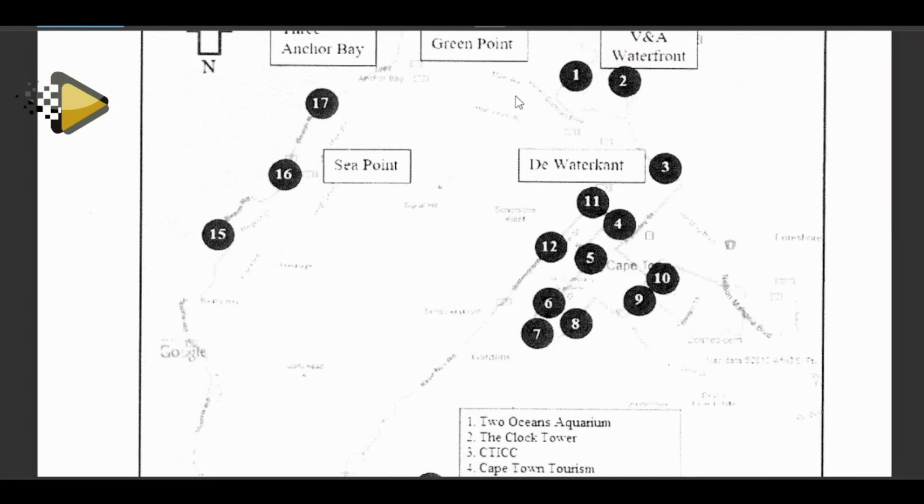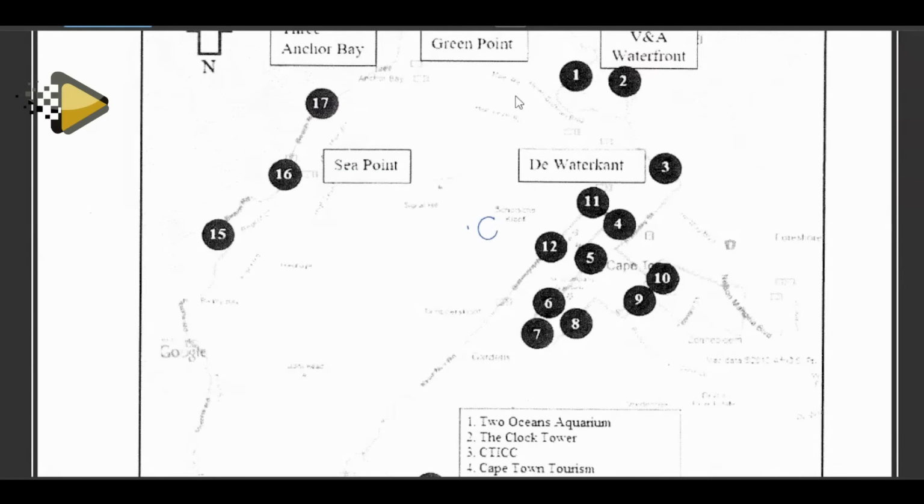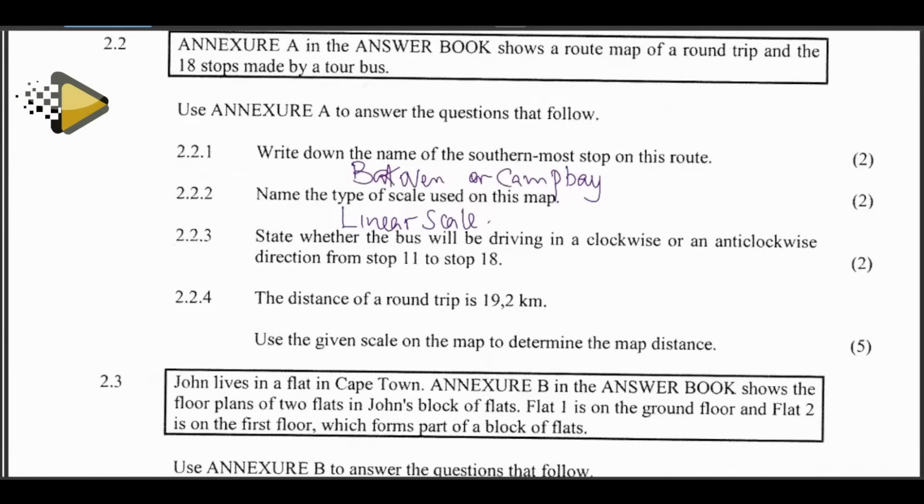It's coming down. So meaning it's clockwise. It's turning this side like that. So the answer is supposed to be clockwise.